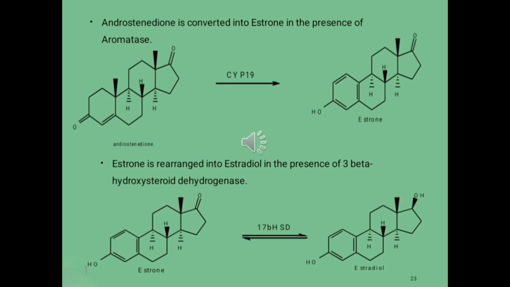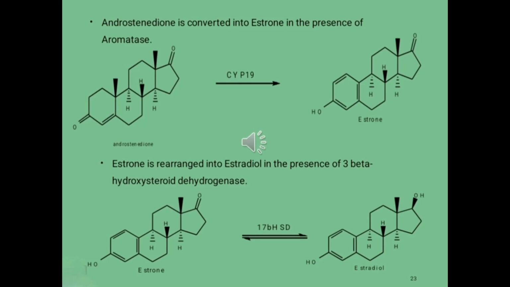In the third step, the estrone is rearranged into estradiol in the presence of 17-beta hydroxysteroid dehydrogenase, which is abbreviated as 17-BHSD. The estrone, which has an aromatic ring in the steroidal structure, the first ring, which has the hydroxyl group at carbon 3 position and carbonyl group at carbon 17 position, is converted into estradiol.